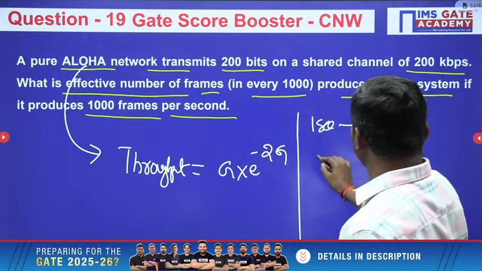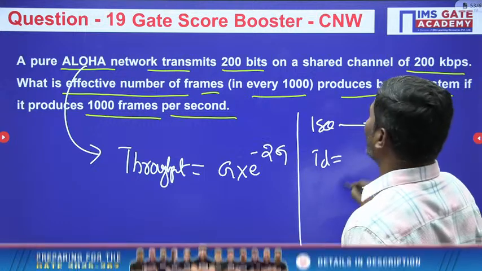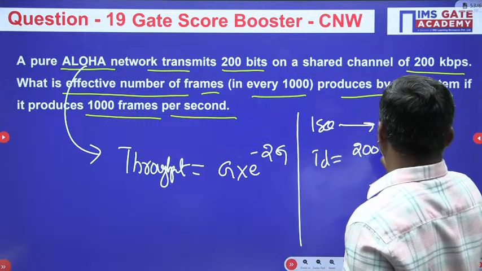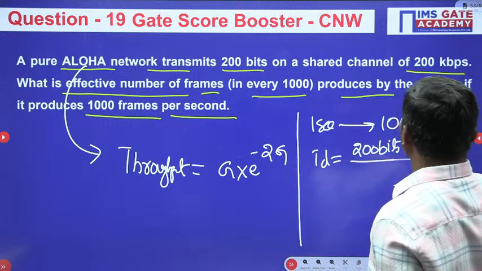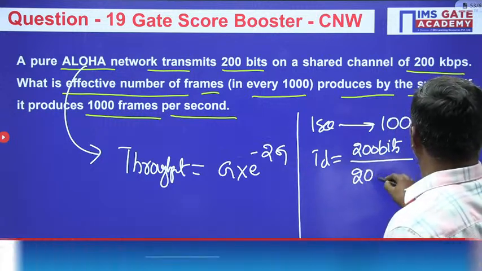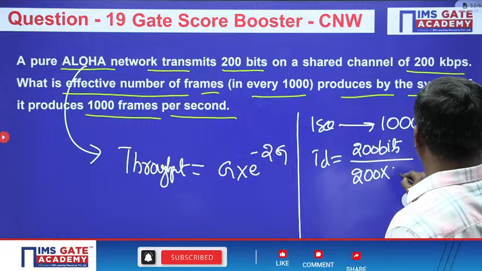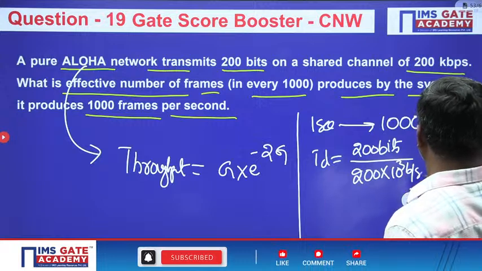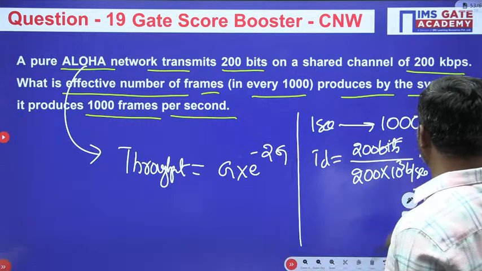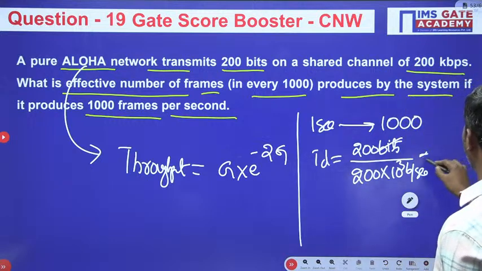What is the transmission delay? 200 bits divided by 200 into 10 power 3 bits per second. Bits cancel, 200 cancels, and we get 1 millisecond.